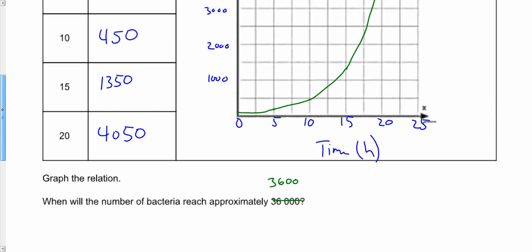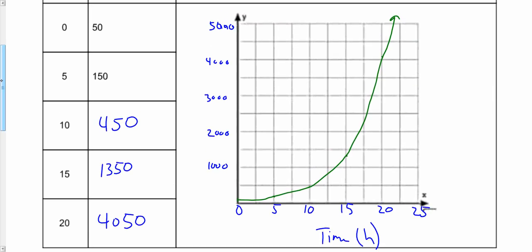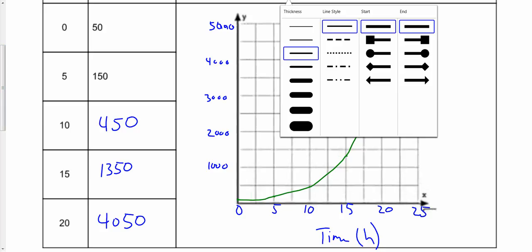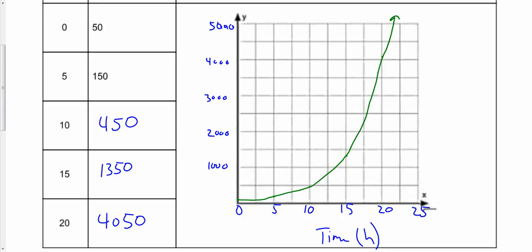So given my graph, I want to figure out first, where is 3,600 on the graph? So 3,600 is approximately here. Okay, so if I draw a fictitious line at this point, that will intercept my graph right at about this point. And now I need to go down to get time.